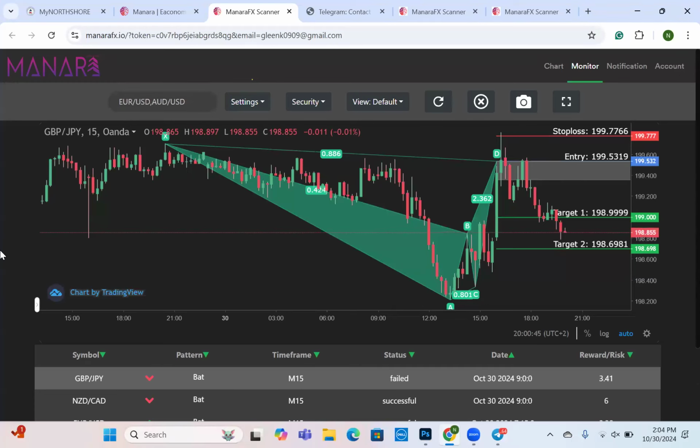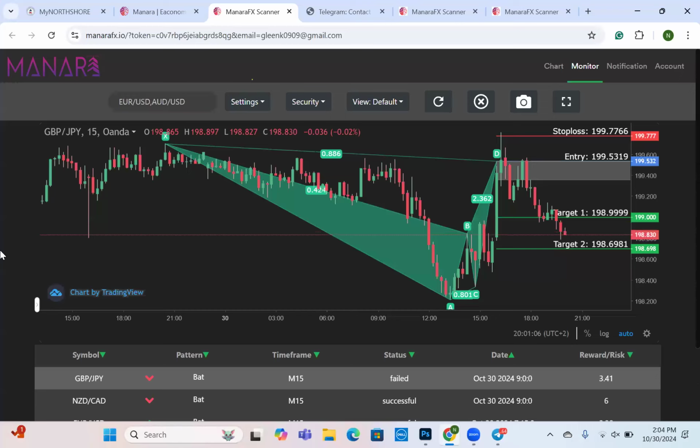So somebody like me, if I want to take this trade, I'm not going to use Manara's stop loss. I'm going to add a few pips to my own stop loss so that it doesn't kick me out of the trade, right?